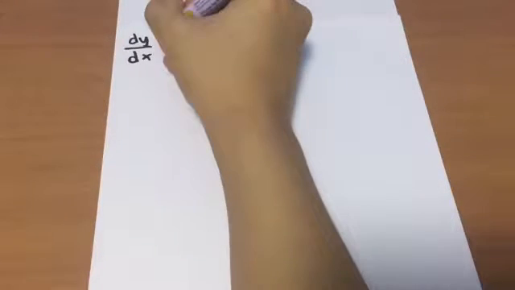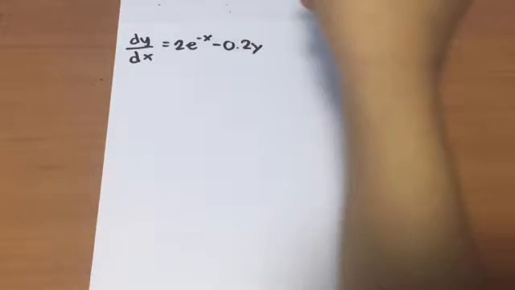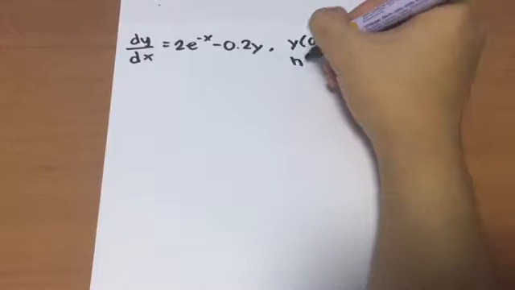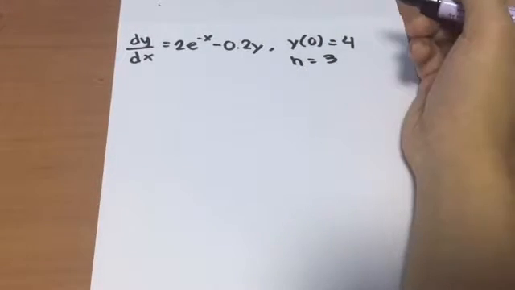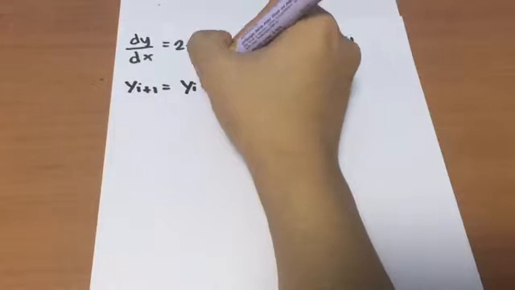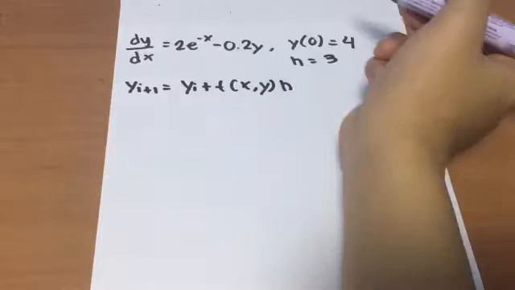So we are given an equation for our example, 2e raised to negative x minus 0.2y, and we are given our first y, which is 4, and our step size is 3. So let us go directly. That will be our main equation.